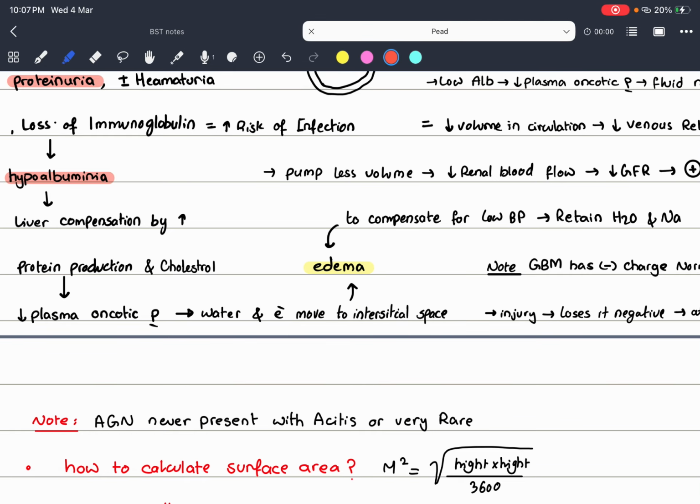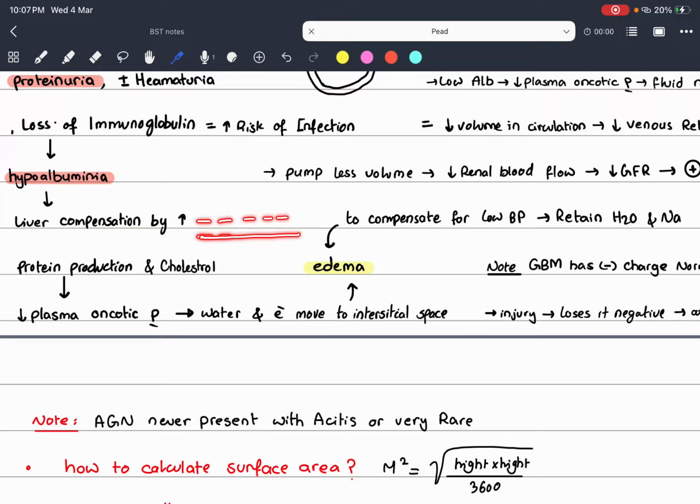So it's making protein synthesis and cholesterol, and because of this, in your capillaries there will be a reduced oncotic pressure. You're losing protein, right? So reduced oncotic pressure in your capillaries allows the water and electrolytes to move to the interstitial space. This is your capillary, normally like this.